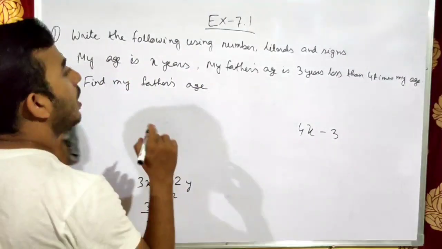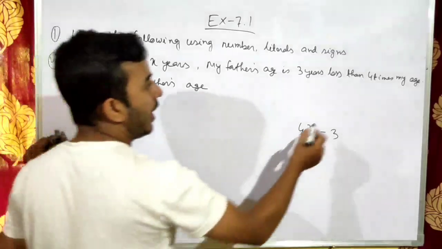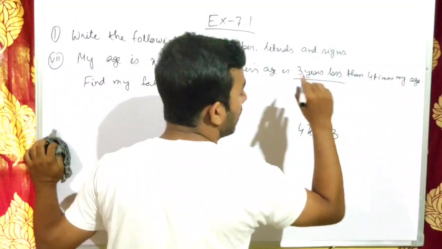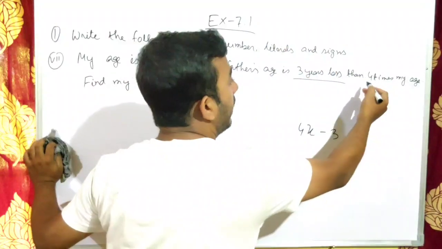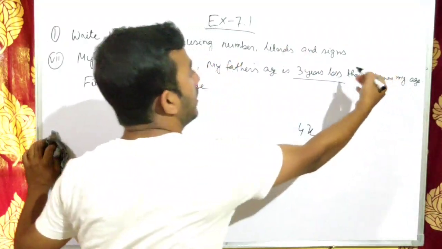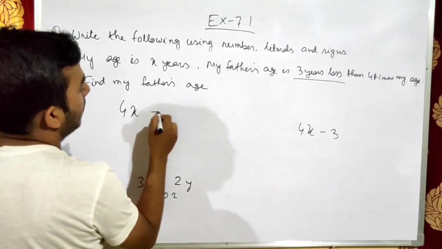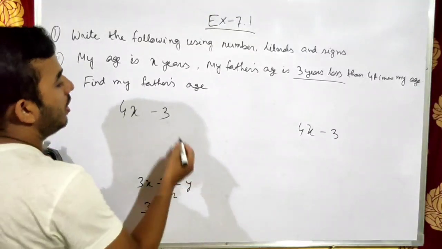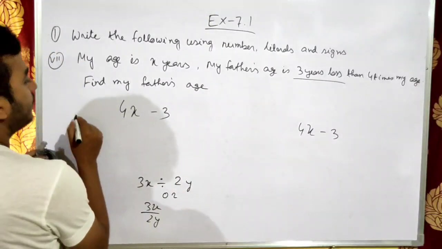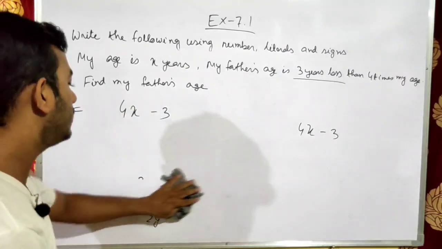Again I am explaining: my age is x years and my father's age is 3 years less, which means we have to subtract 3 from 4 times my age. 4 times my age means 4 into x, so 4x minus 3. So this is my father's age. Finish. 4x minus 3 is your father's age.